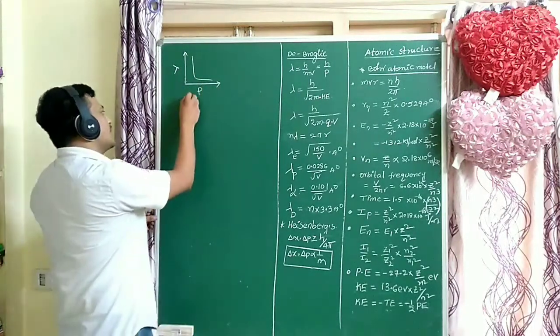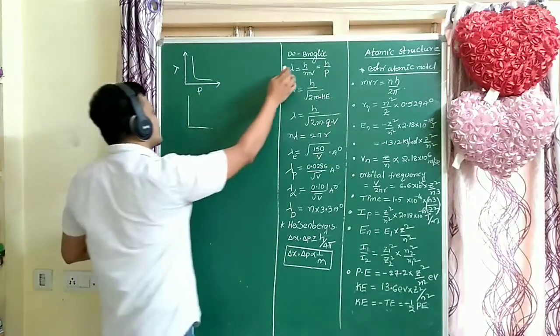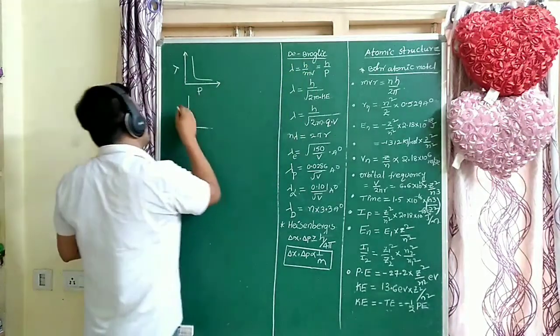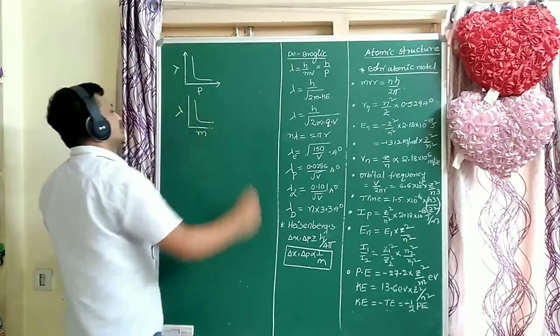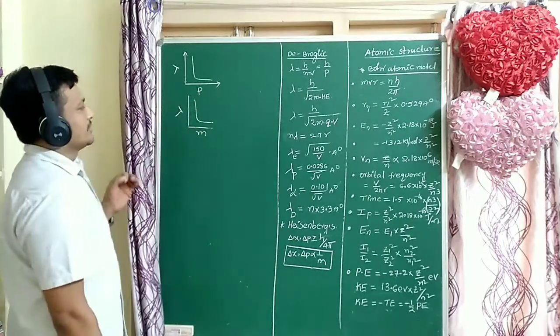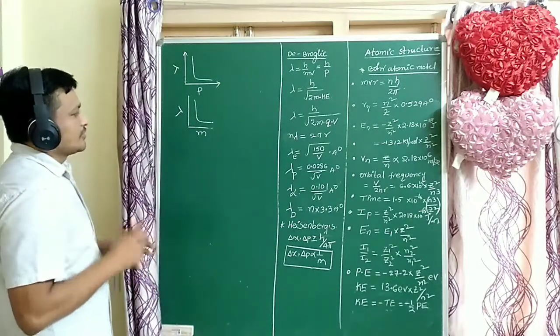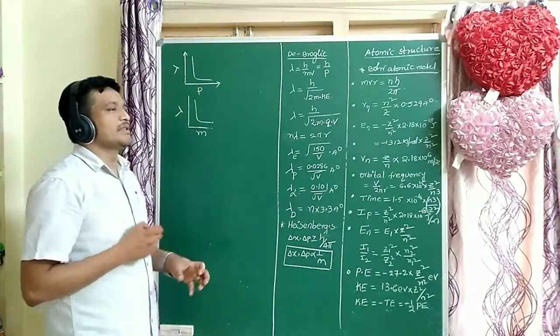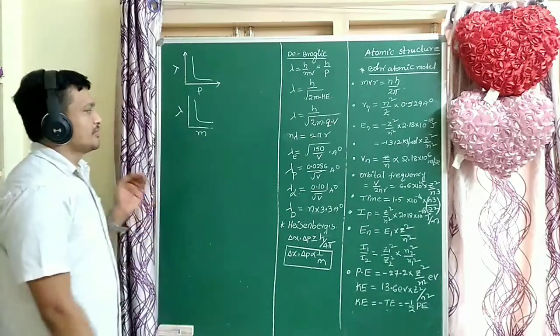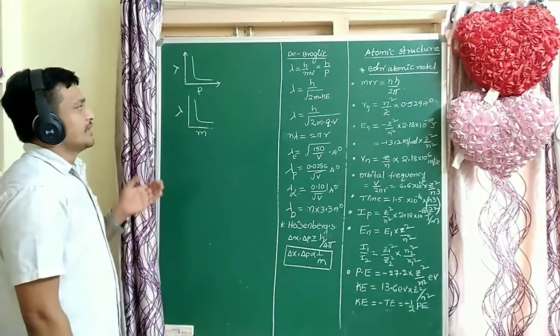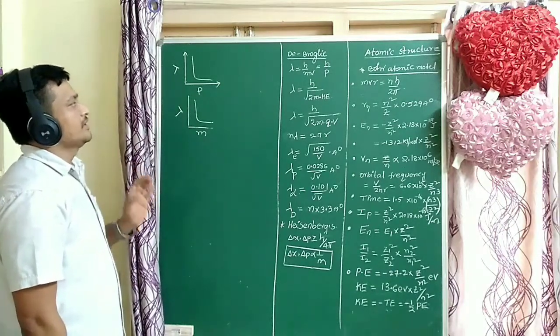For mass, since lambda equals h by mv, the wavelength and mass are also inversely proportional. As the mass of the particle increases, the de Broglie wavelength decreases.